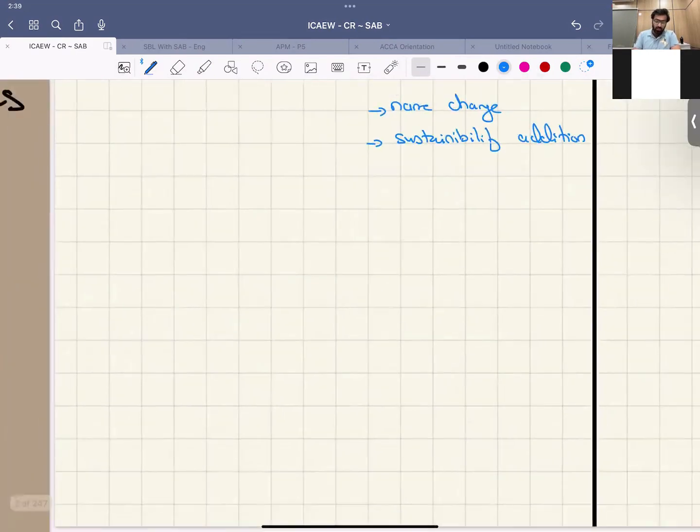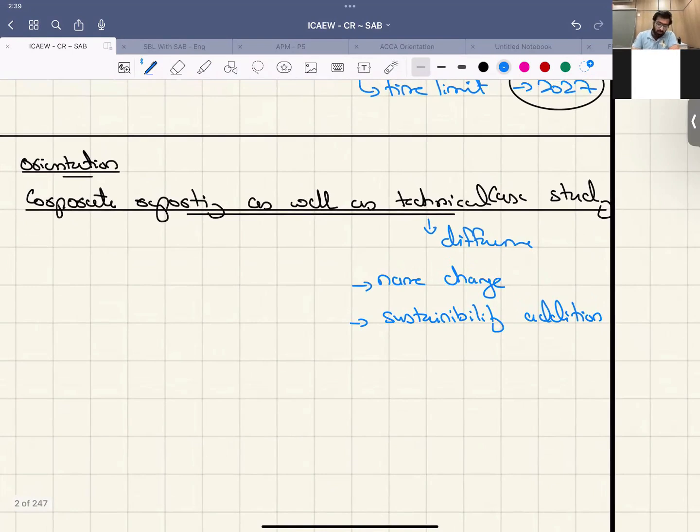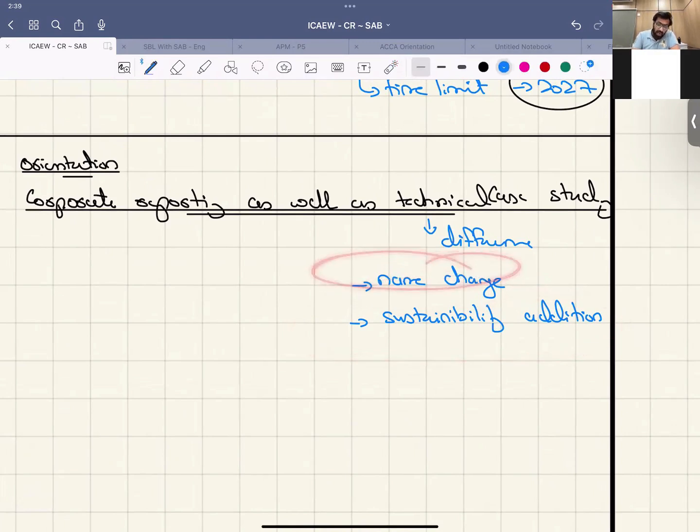So this could be a change, but as of now, we are quite sure that there's a name change, then there's a sustainability edition for sure, and after the sustainability edition, there could be other areas related to recent IFRS, right?